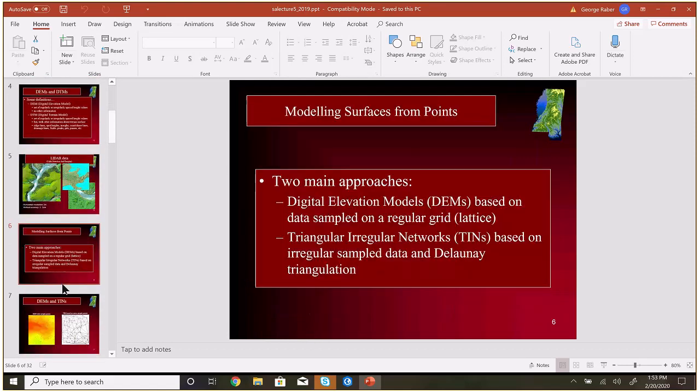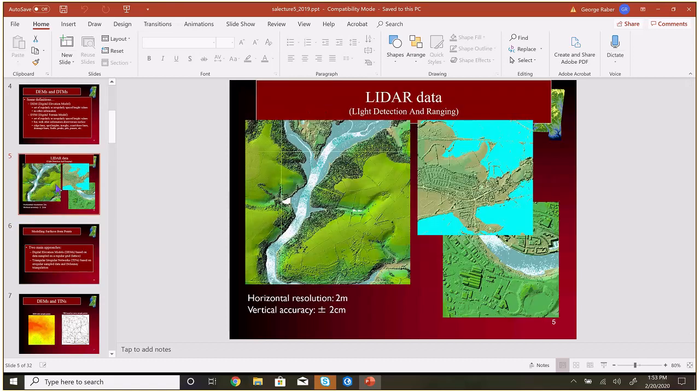Okay. So when we want to create a surface from points, we have two main approaches. One of those approaches is to create a digital elevation model, and that is regularly spaced points. In other words, something like this.